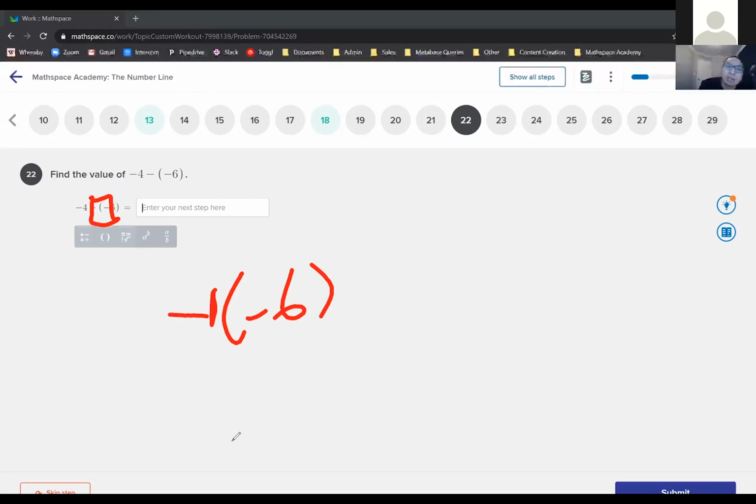But the negative times the negative, we have to follow the ideas that we just talked about with multiplying negative numbers. 2 negatives multiplied gives you a positive. So that gives you a positive 6. So what we can rewrite this equation as is negative 4 plus 6, because the 2 negatives multiply together, giving you a positive.